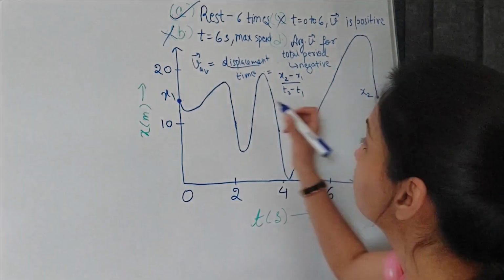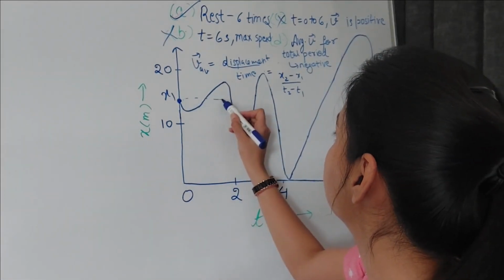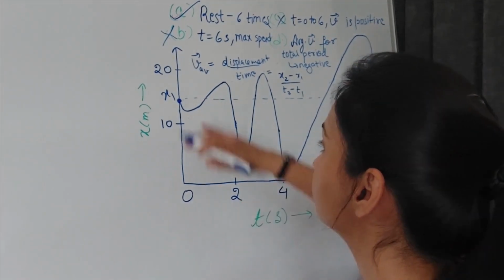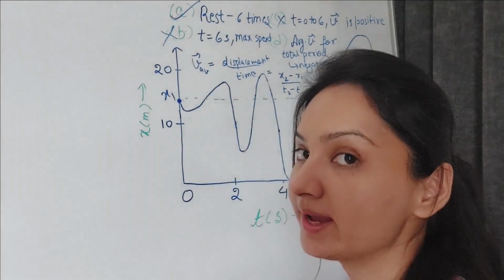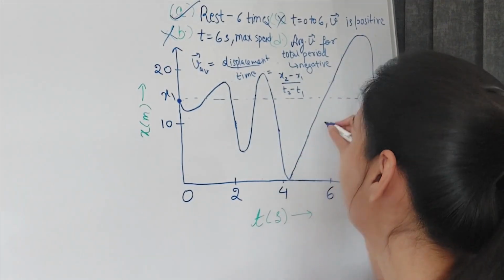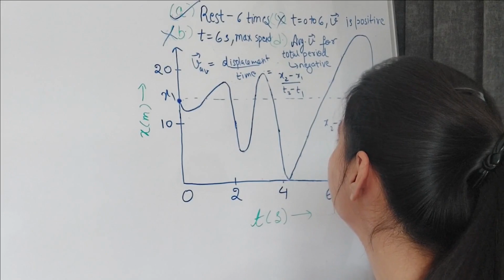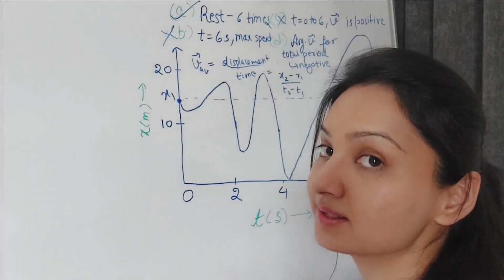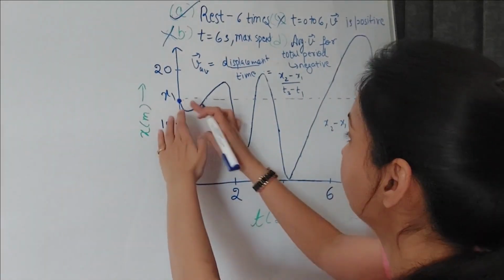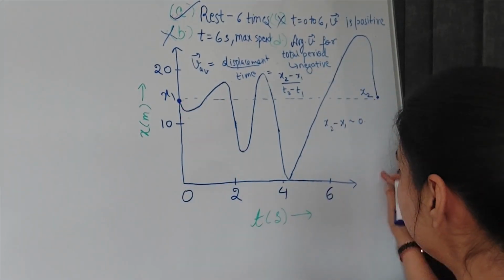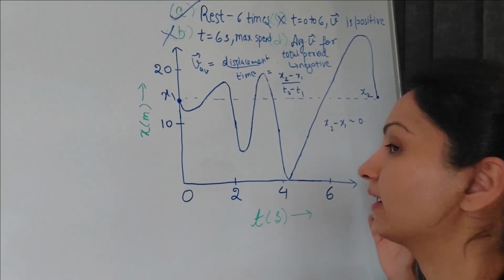Now, since I can see that these points are nearly lying at the same value of x, that means x2 minus x1 as seen from this graph is nearly 0. It is nearly 0, and the time from here to here, this is at t equal to 0, and this can be at around say 8 seconds.